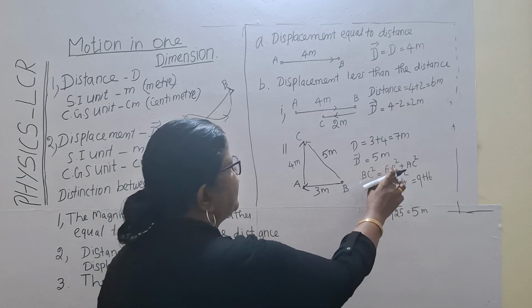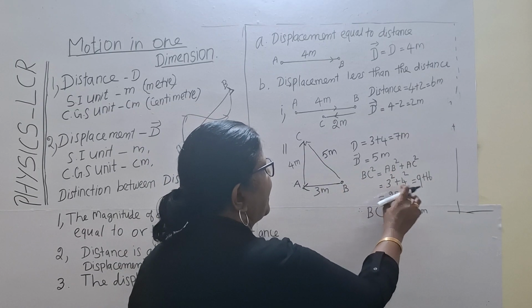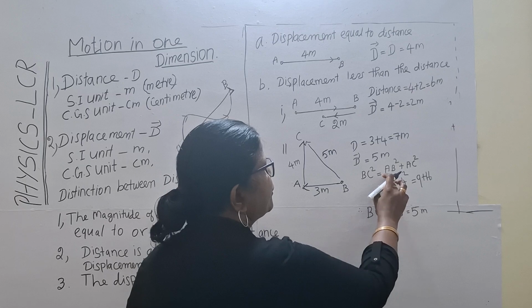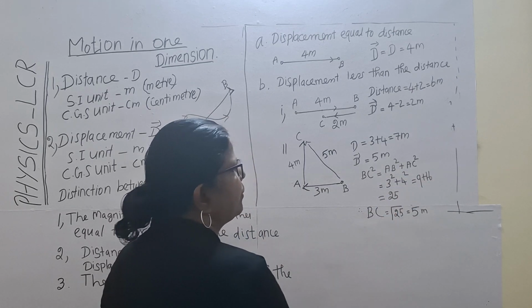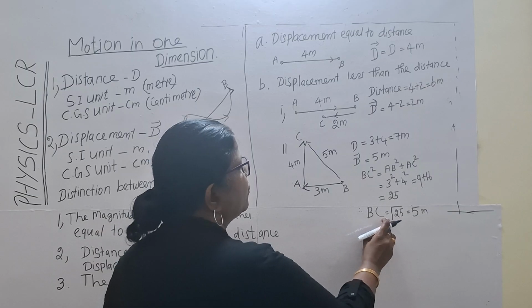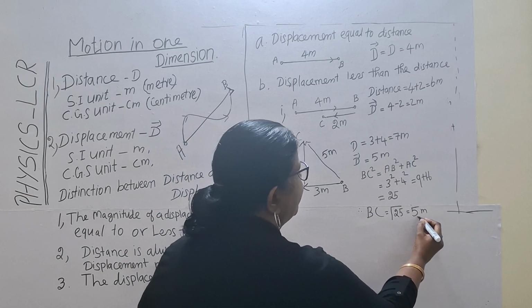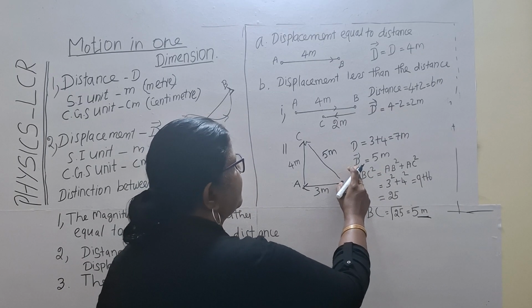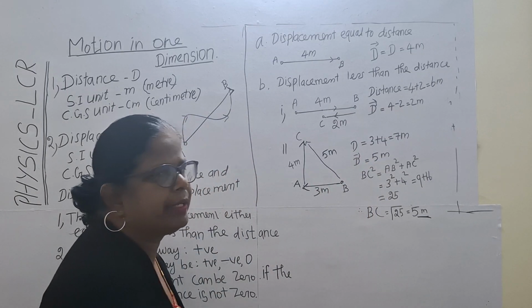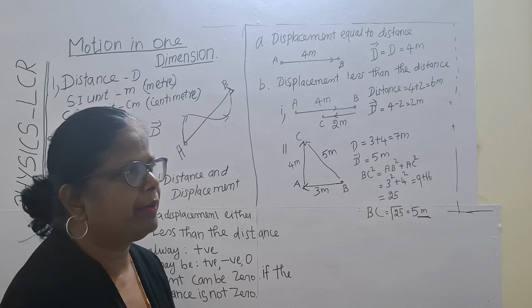AB squared is 3 squared, AC squared is 4 squared. 3 squared is 9, 4 squared is 16, it will come 25. What is BC? Root over 25, so BC is 5 meter. That's why I have written here displacement 5 meter. We are applying the Pythagorean theorem.